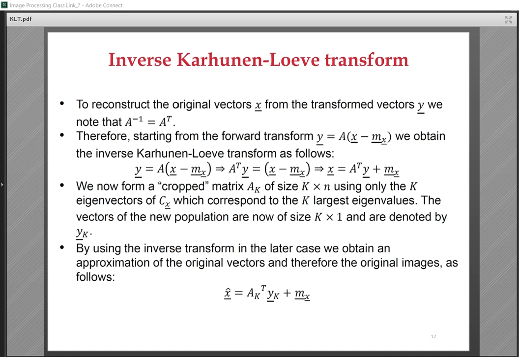From it, A transpose Y is A transpose A, which is I, the identity matrix, times (x minus mx). So A transpose Y is x minus mx, and going to the next slide, x is A transpose Y plus mx.